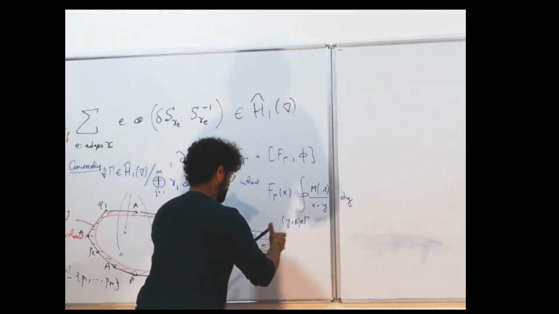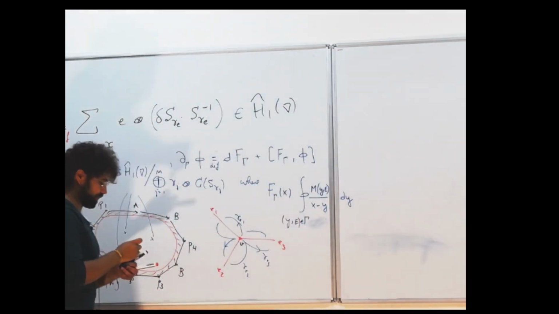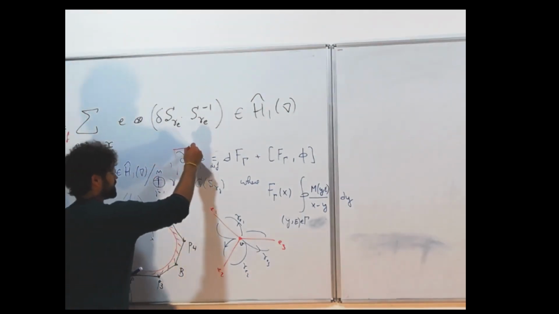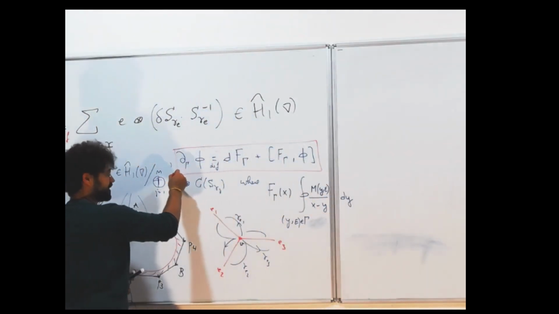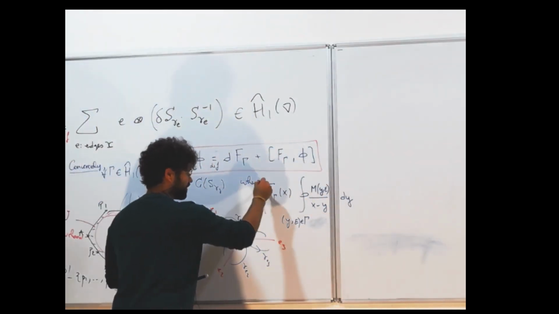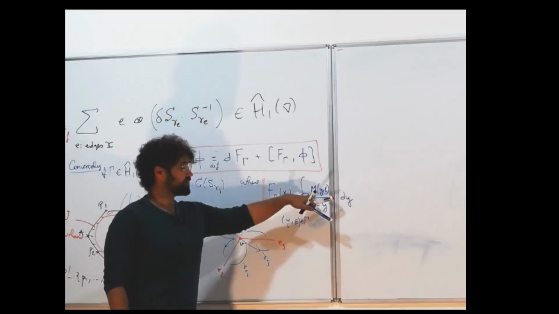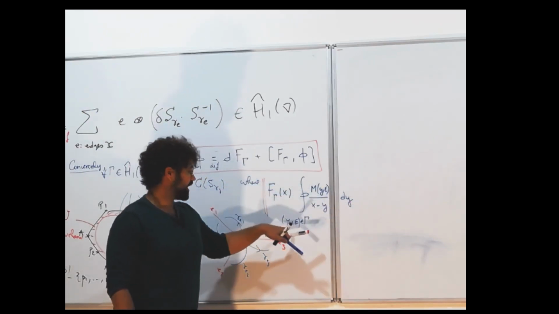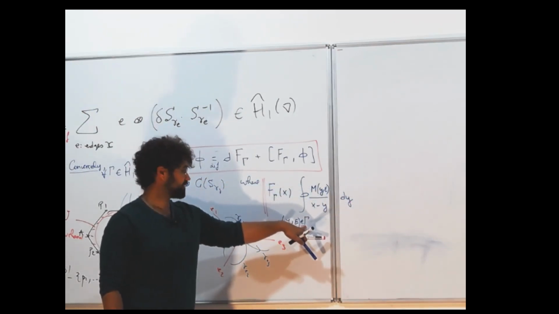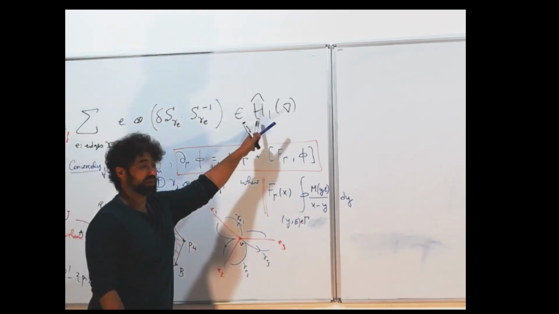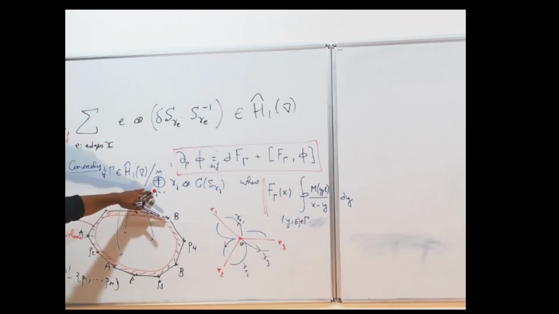It's y. Okay, so this is the deformation where f takes this form. Okay, matrix valued differential form, and you integrate it on a gamma. Okay, where gamma is part of h1 hat, but you've modded out all these cycles at the external edges.